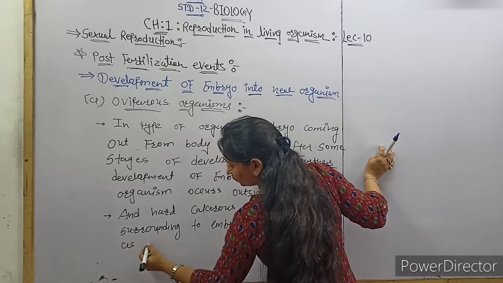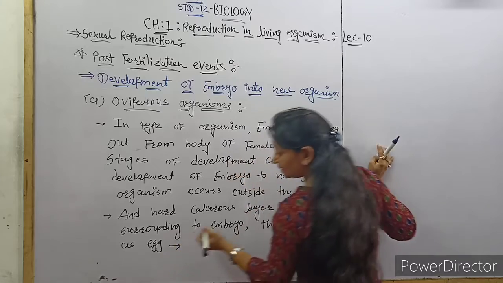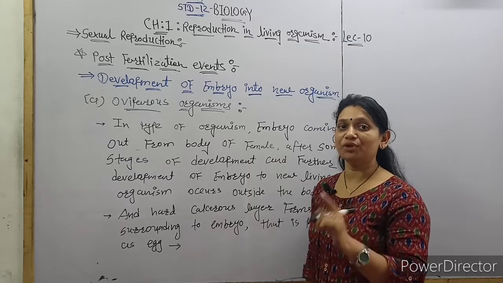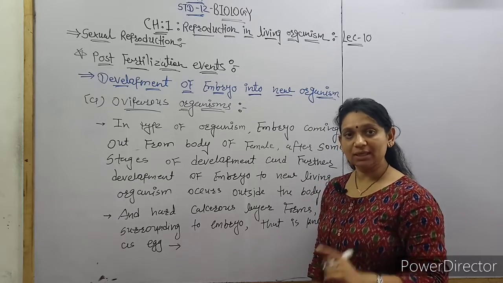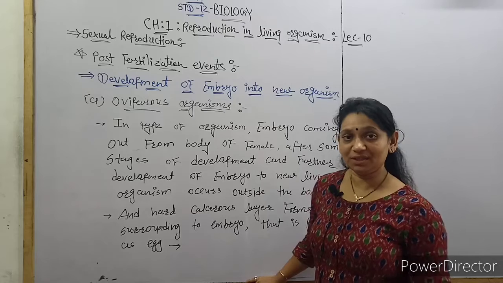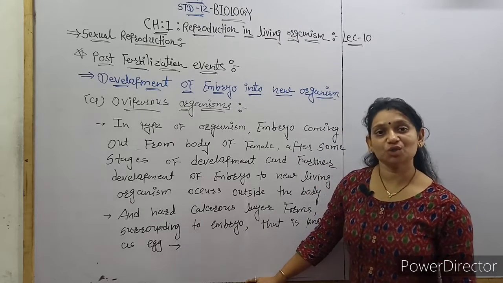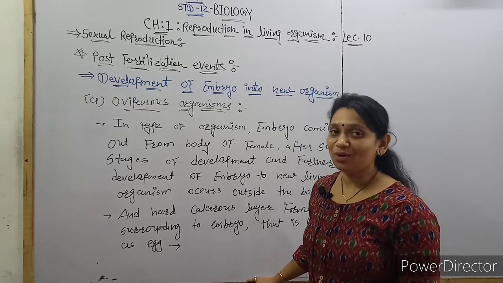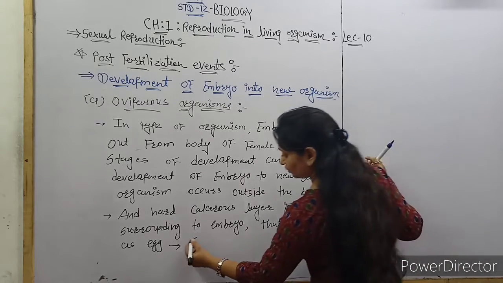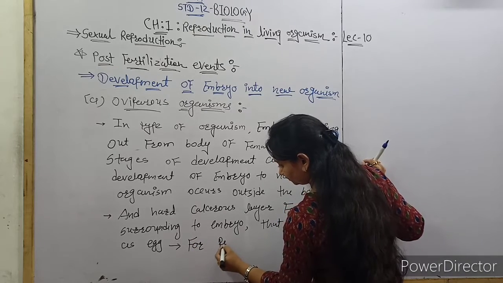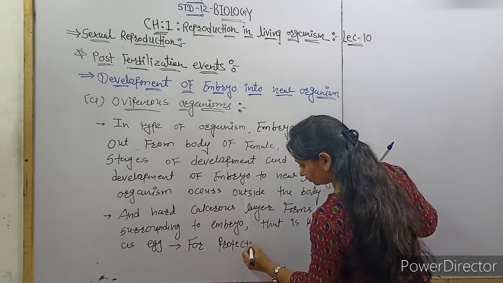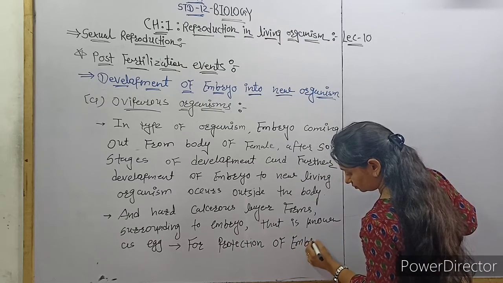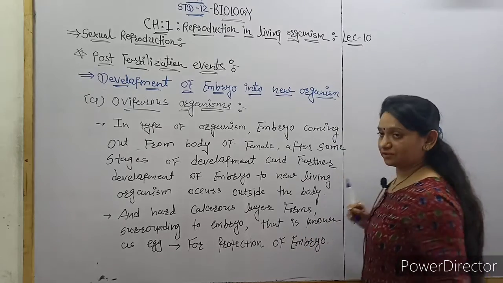That is for the protection of the embryo, as it develops outside the body of the female. So over here, same as external fertilization, there is a great chance of loss of the egg or embryo. Fine. It is for protection of the embryo.